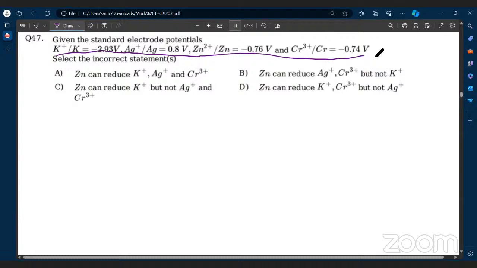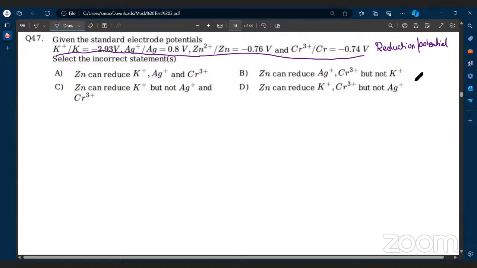Reduction potential. So they have given you the reduction potential. Which would be the incorrect statement? Zn can reduce K plus, Ag plus and Cr3 plus. Zn can reduce Ag plus, Cr3 plus but not K plus. Zn can reduce K plus but not Ag plus and Cr3 plus. Zn can reduce K plus, Cr3 plus but not Ag plus.